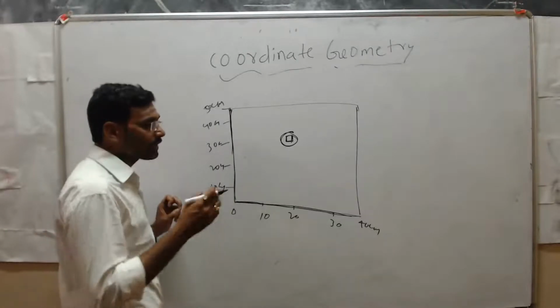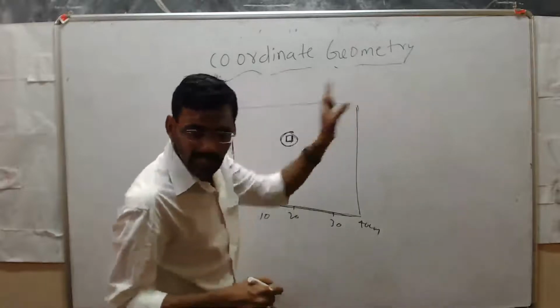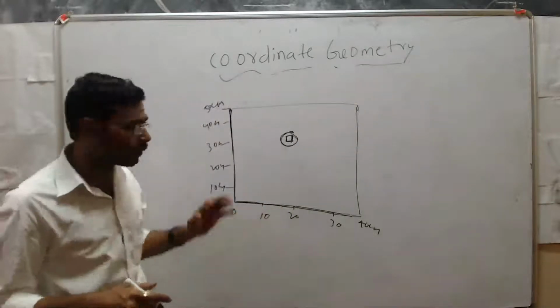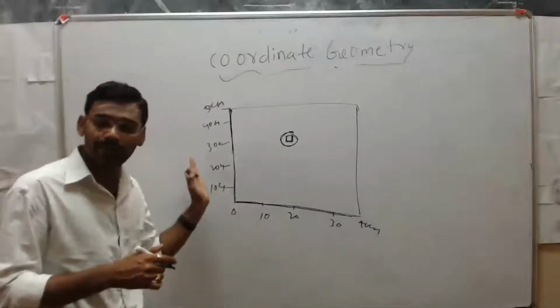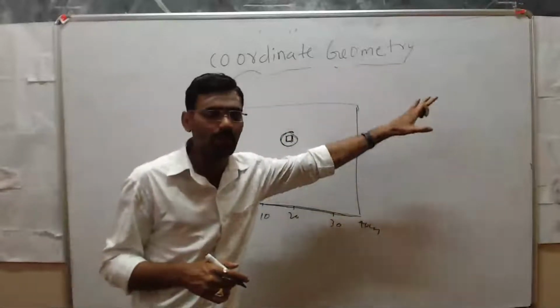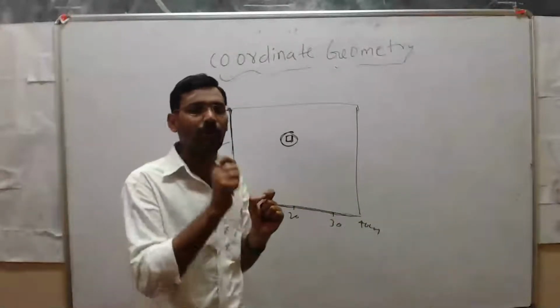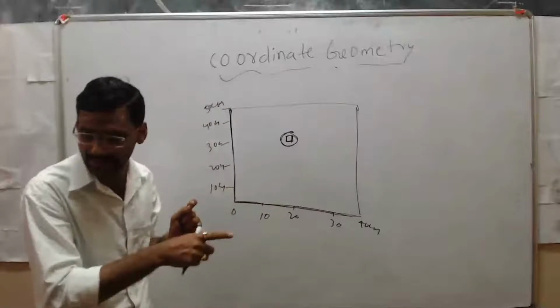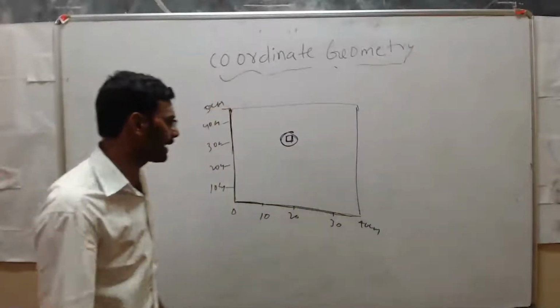In coordinate geometry, we should represent the position with the help of coordinates only. We have to locate the position of any point on the Cartesian plane with the help of the x-axis and the y-axis.